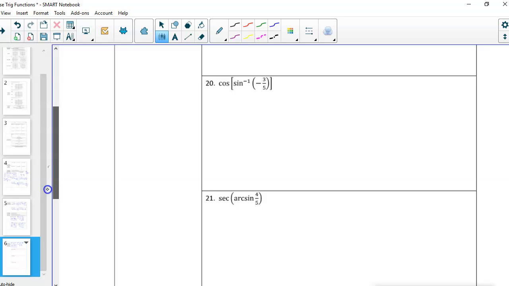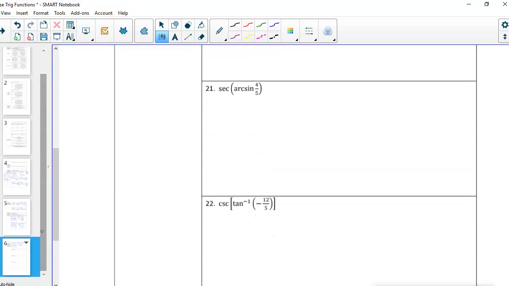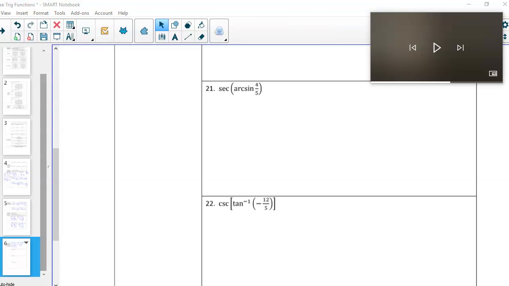These last 3, I want you to see if you can do and finish before we leave. If you finish, you can check yourself.